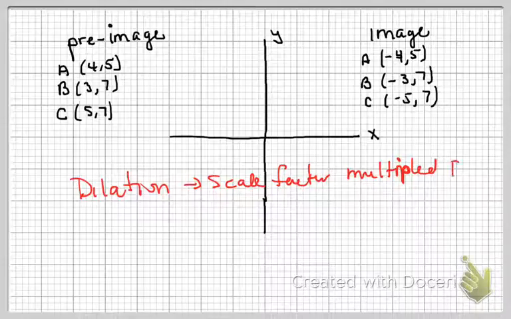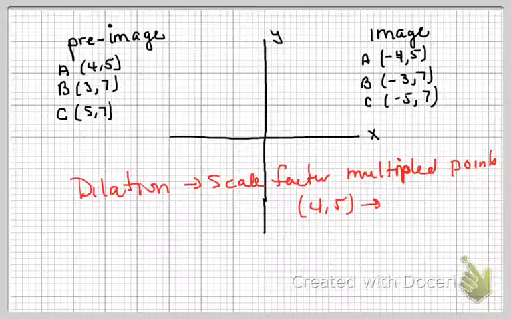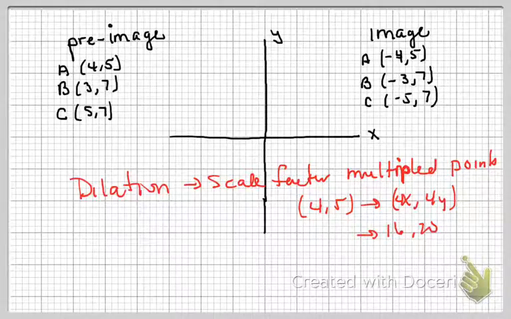Like in this case, I have 4 and 5, that's my pre-image, and pre means the original. If I got a scale factor of 4, I would multiply 4 to the x and 4 to the y, so my new one would be 16 and 20.